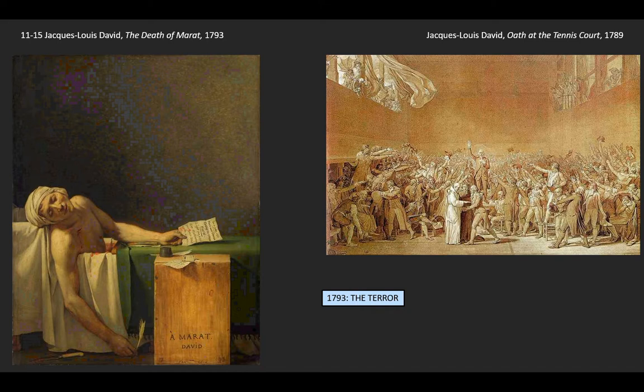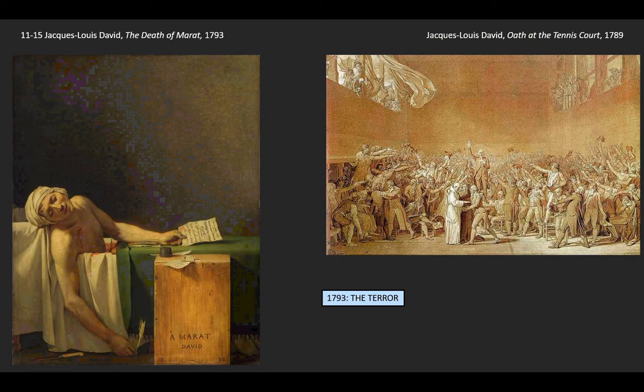And in fact, there were engraved copies made after it, circulated widely, commissioned by the different revolutionaries to remind people that while there was violence in the streets against the old aristocracy, the aristocracy was not without guilt itself. So this image falls directly into that category.